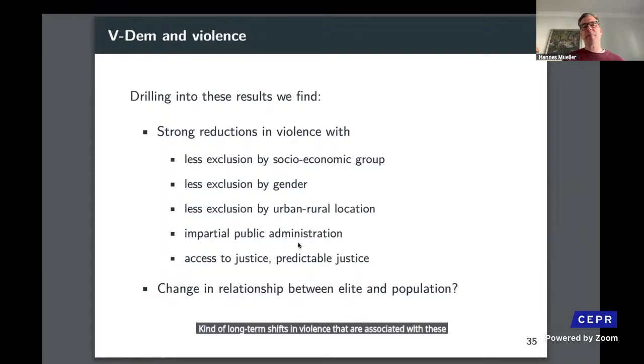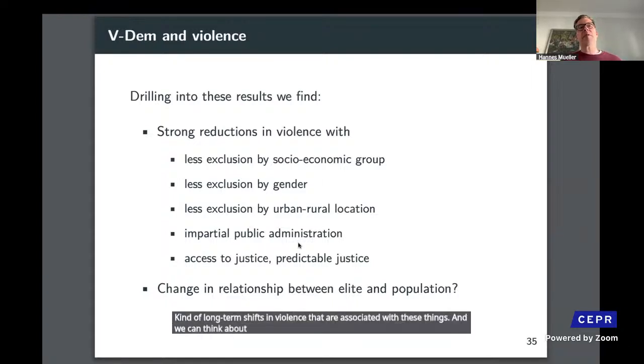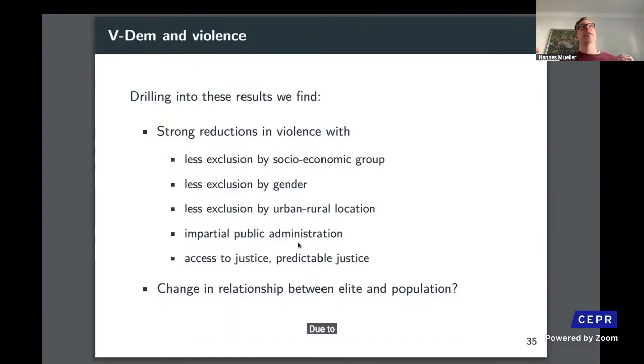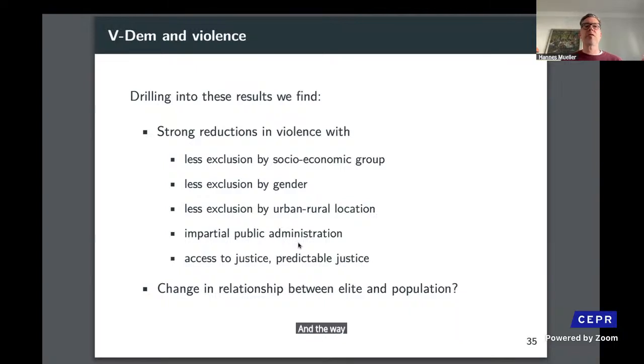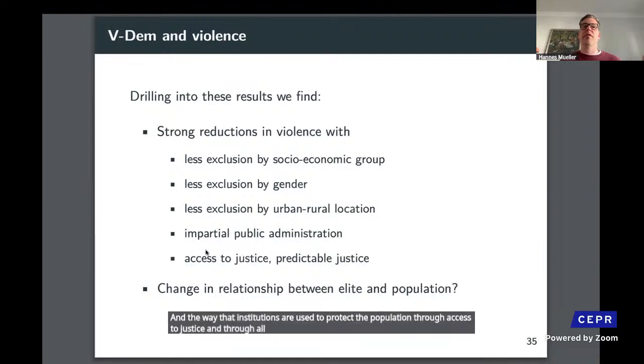Perhaps this is due to the fact that power sharing agreements are the starting point of a rethink of the role of the state and the way that institutions are used to protect the population through access to justice and through all these things I talked about before, the non-political exclusion, the non-economic exclusion that is regulated by political institutions, right?